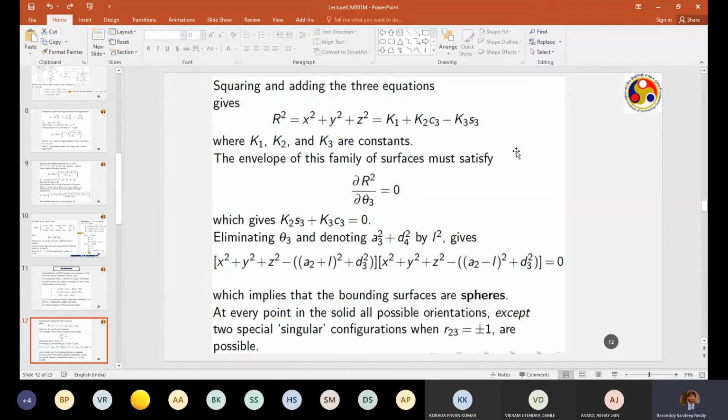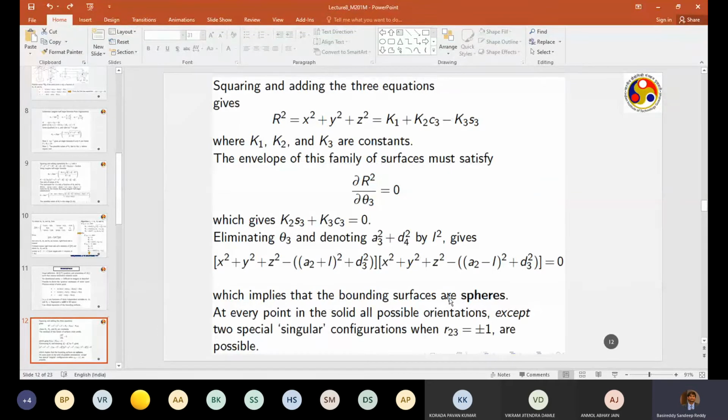Now this envelope of this family of surfaces must satisfy this partial derivative, del r square divided by del theta 3. It is the partial derivative.